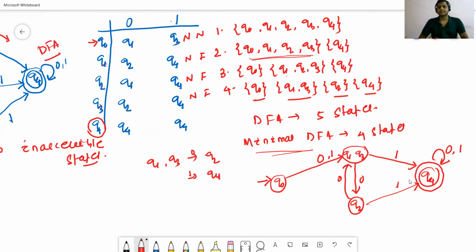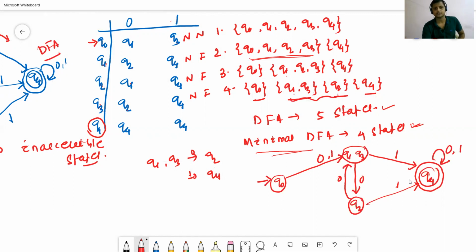One important thing: the given DFA contains 5 states, and the minimal DFA contains 4 states. But remember, we can also merge Q1, Q3 and Q2.